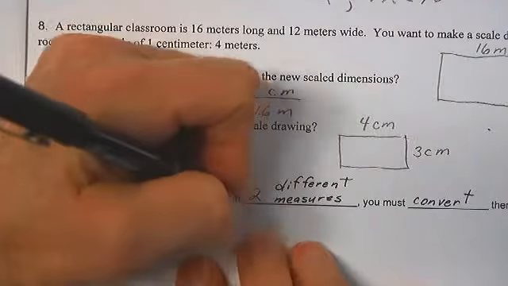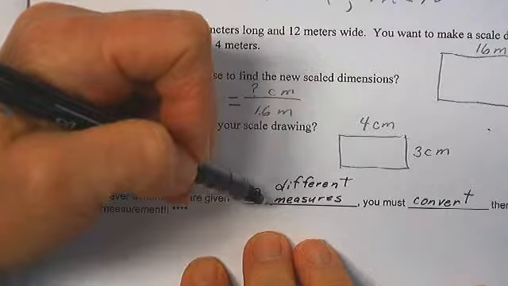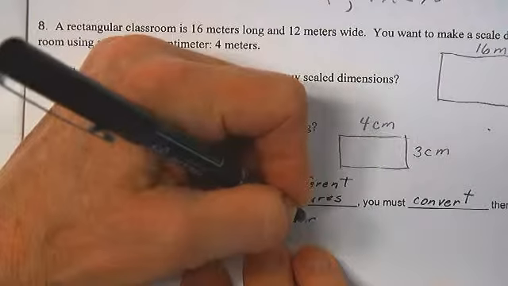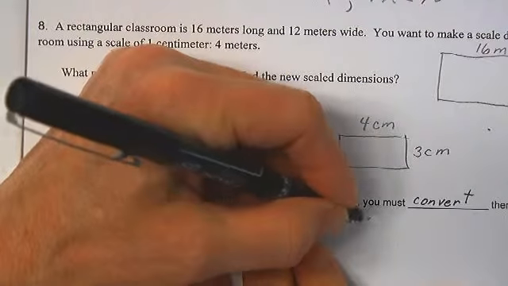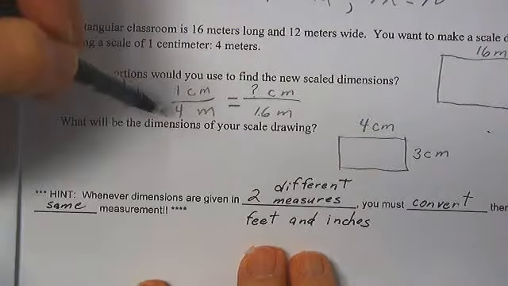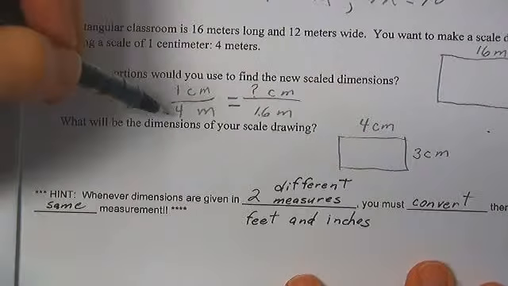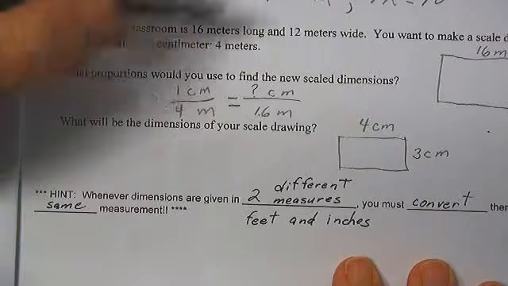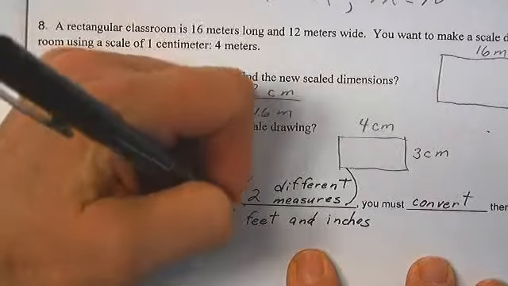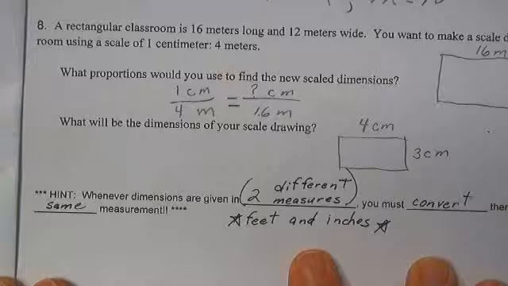Now, especially, it's not such a big deal in meters and centimeters, but it's a very big deal in feet and inches. I mean, here we can say 1 centimeter is to 4 meters, because they're both base 10, but they're 12 inches to a foot. So we want to be especially careful when we have feet and inches. Okay?